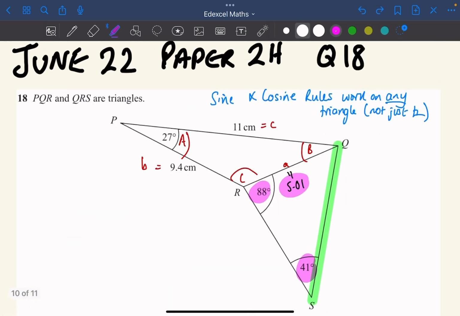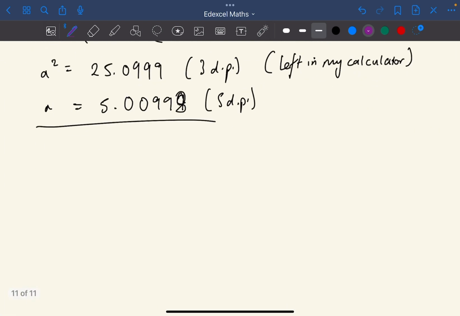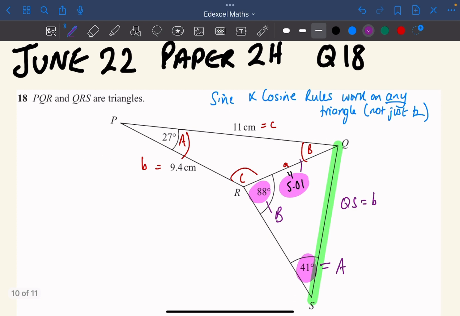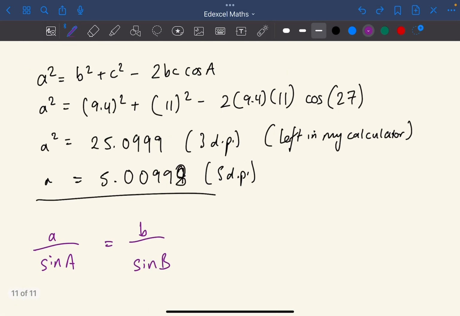Okay, so in this case, you can say this is equal to A, this is equal to B, and QS, that length, QS is equal to small b. Sine rule says A over sine A is equal to B over sine B. In this case, our A is 5.01.